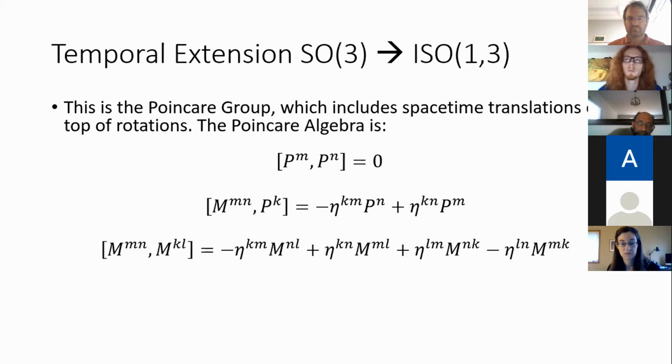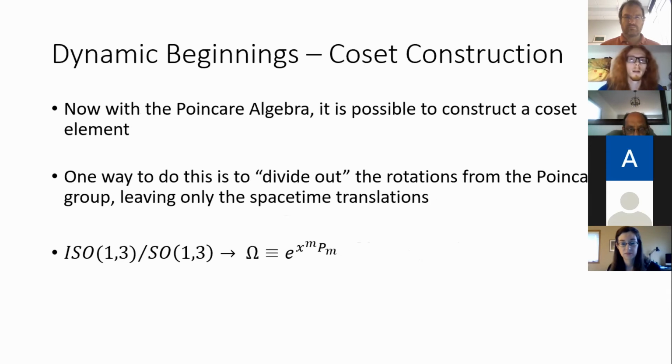Its commutation relations are pictured here. The P is the four-momenta of the object, while the N corresponds to the Lorentz generator. That eta there is also the Minkowski metric corresponding to a flat spacetime.